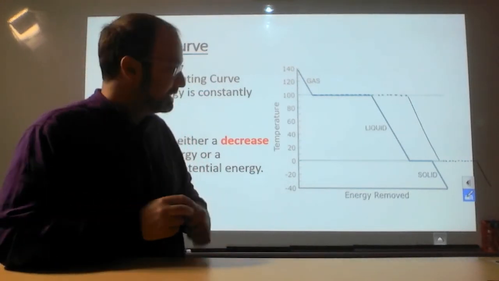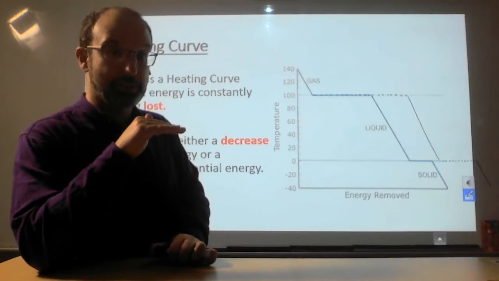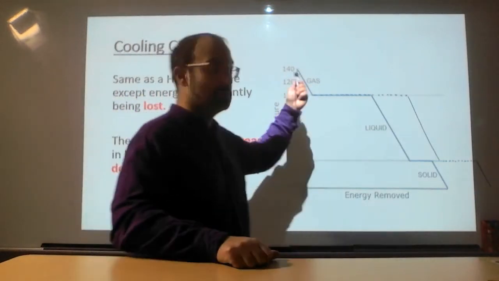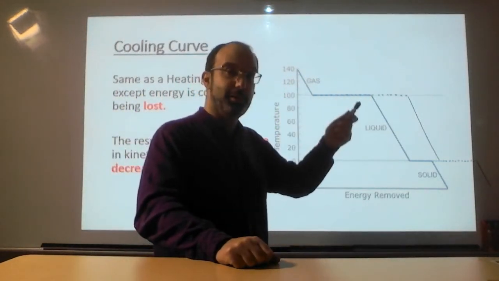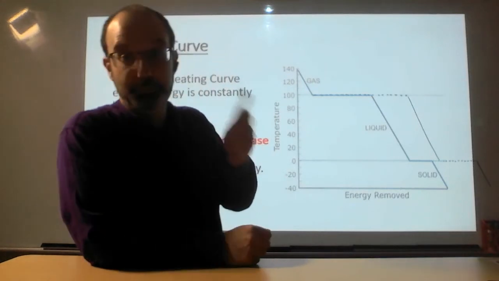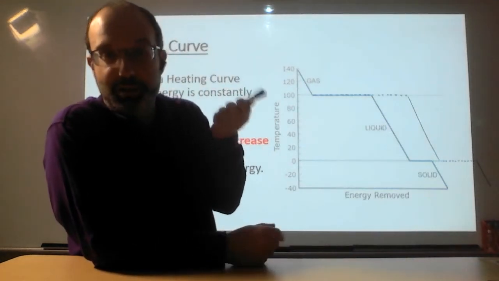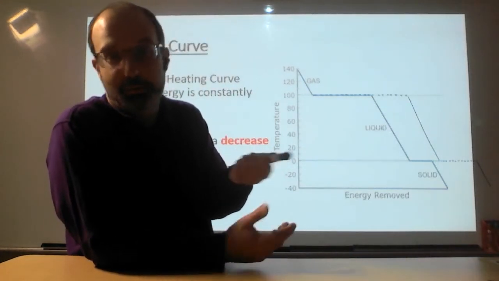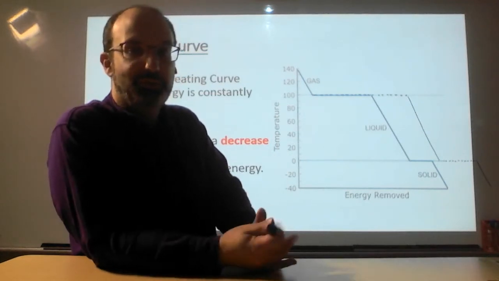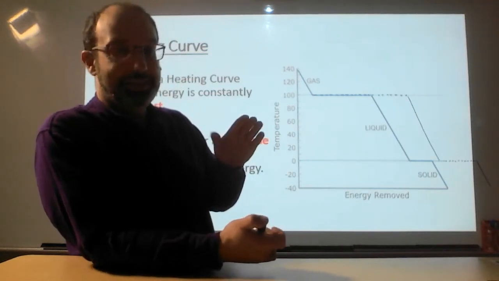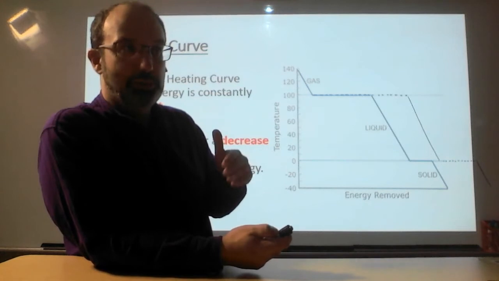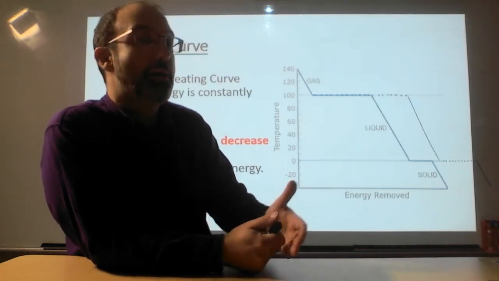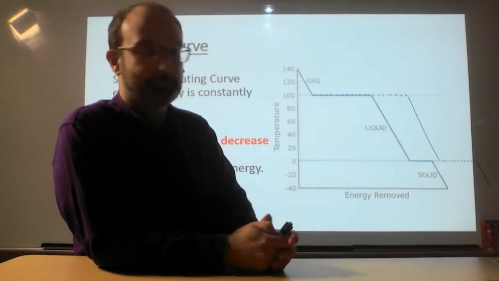You'll notice that the place where I put the plateaus is the same, right? I didn't draw them sooner, because water always condenses or boils at 100 and always freezes or melts at 0. So the fact that they were longer had nothing to do with what the material was. It had to do with how much material there was.